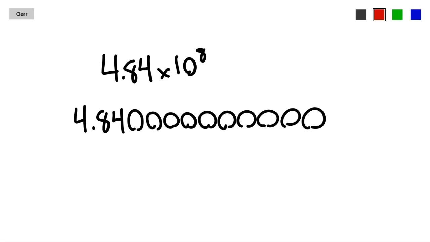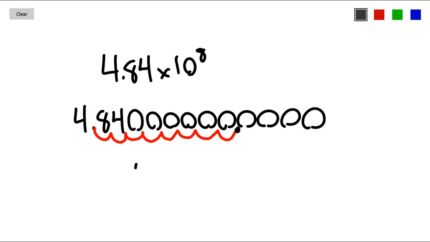And then we're going to move the decimal to the right the number of times that the 10 is raised to. So in this case, we're going to move it over 8 place values. That's going to leave the decimal right here. And then you just rewrite the number with the decimal in the new place.